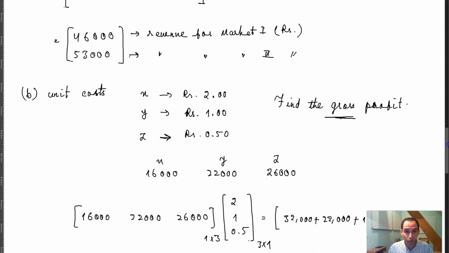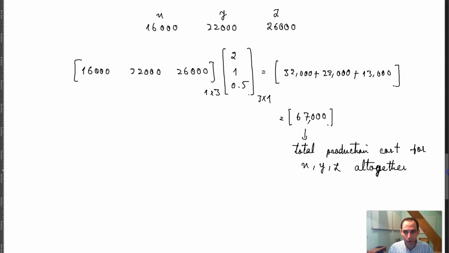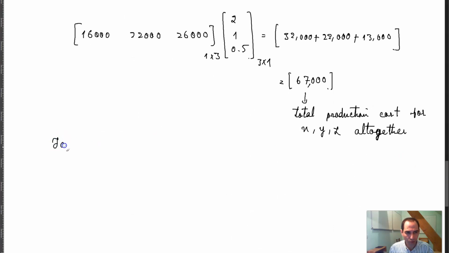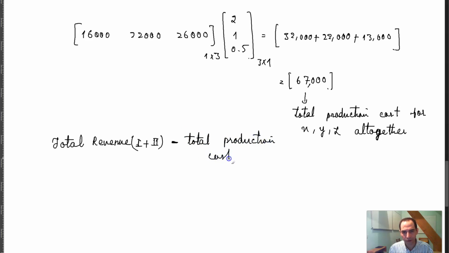Now, the total revenue for market 1 plus 2, minus the total production cost, is going to give me the gross profit.